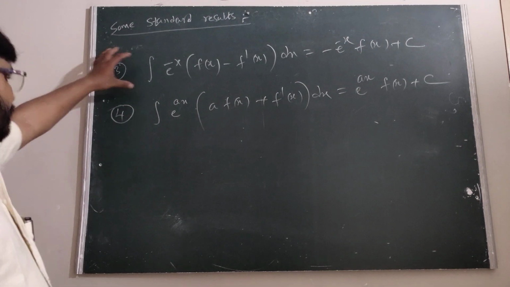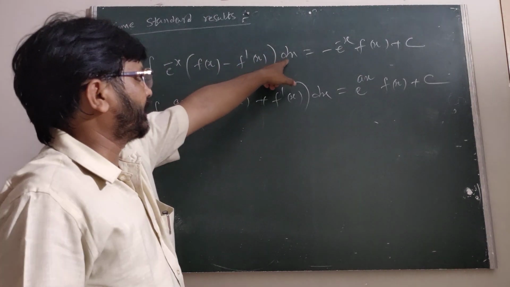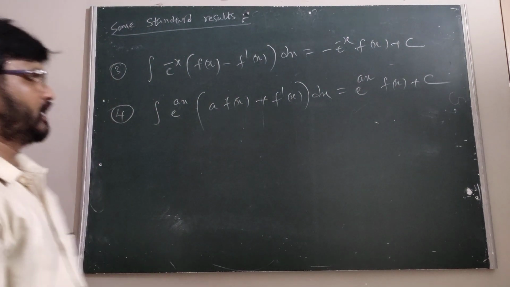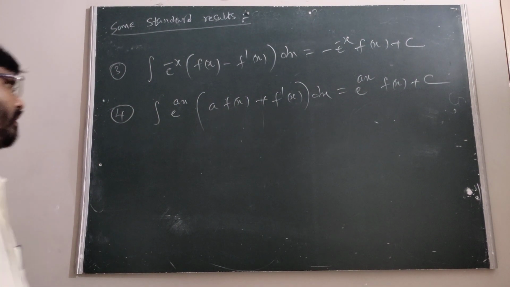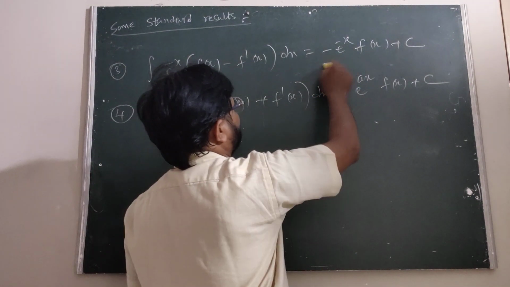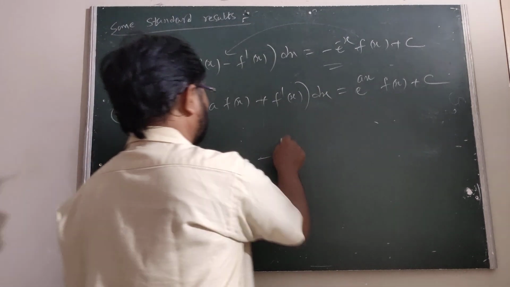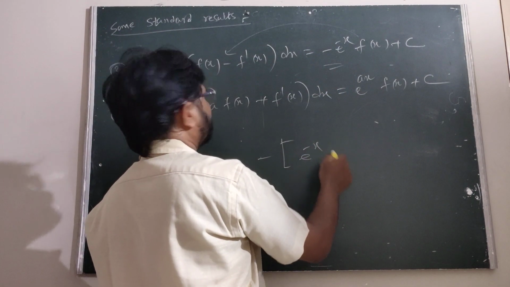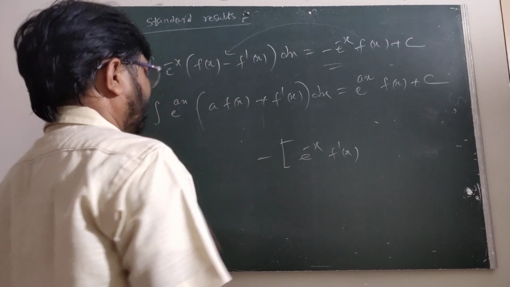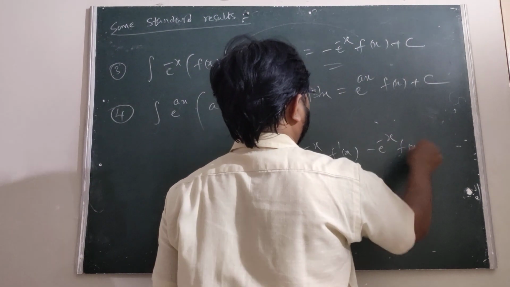Another standard result: the integral of e power minus x into f of x minus f dash of x into dx is minus e power minus x into f of x plus c. Suppose we take minus x equal to t. Differentiating, we take the derivative of minus e power minus x into f of x.